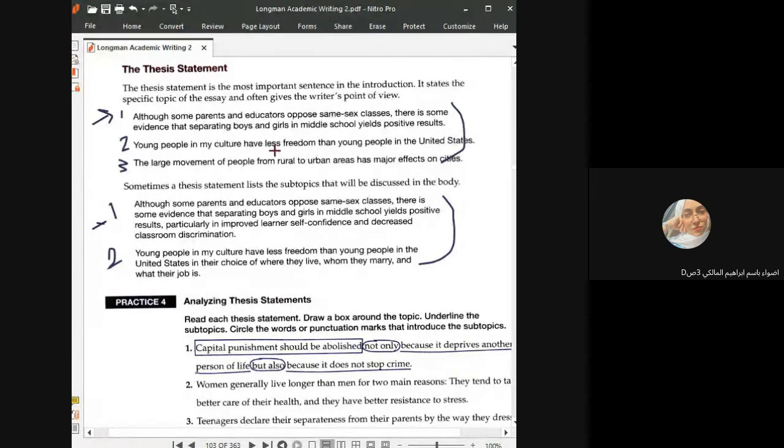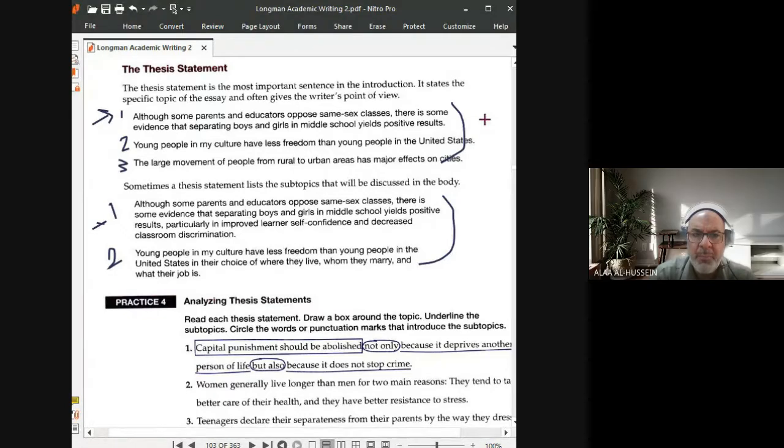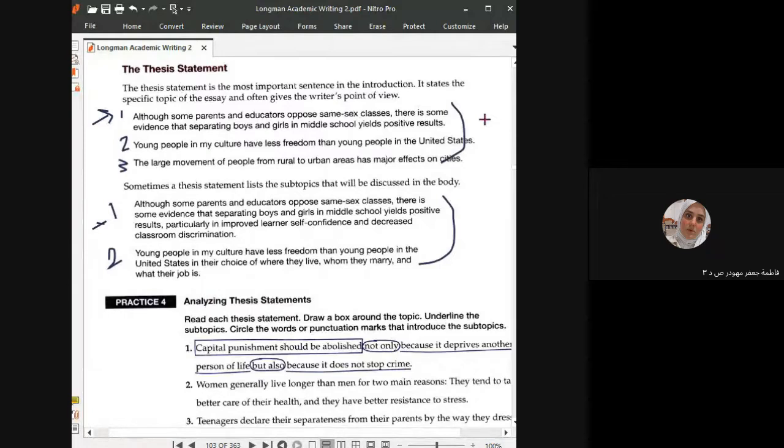It explains the author's point of view about single-sex education. It means in favor of separating boys and girls in middle school, and the reasoning that will be explored in the rest of the essay. Okay, thank you very much. Fatima Ja'far, what are those two groups the writer is talking about? Students, girls, and boys in the middle school.